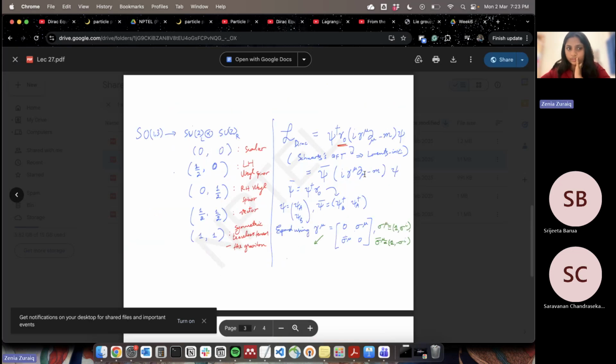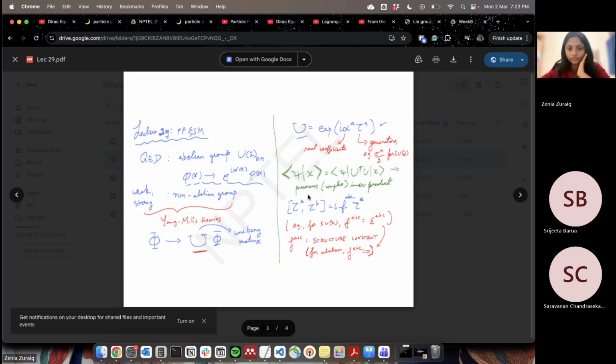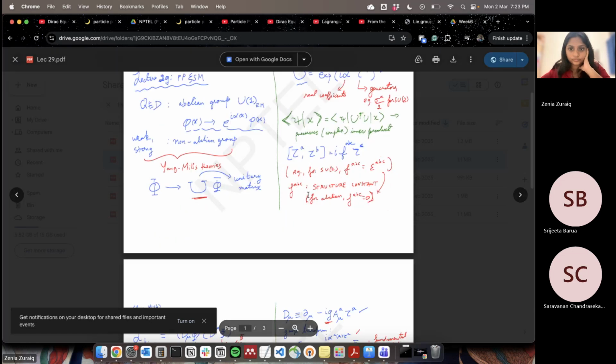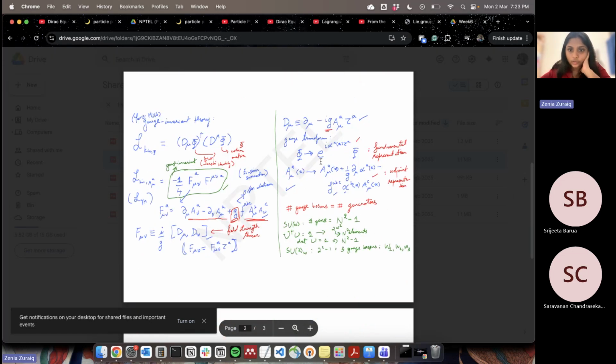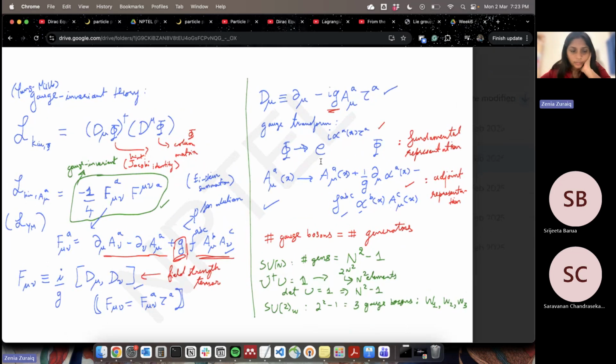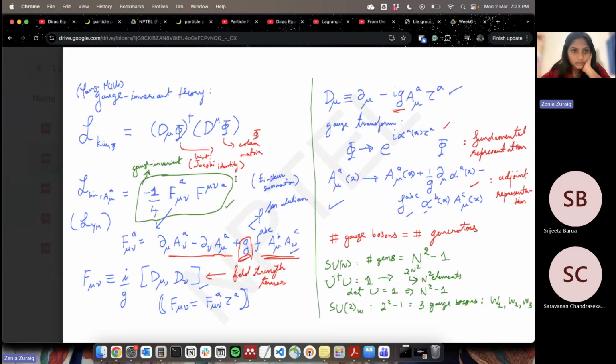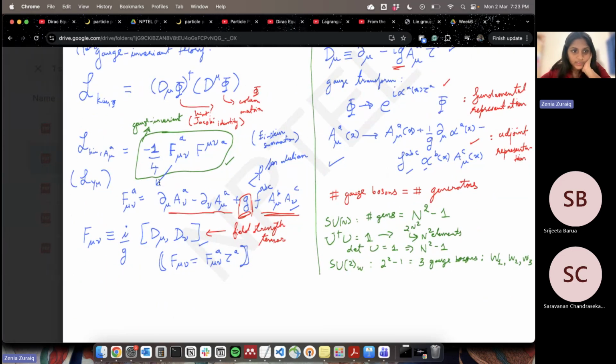This we have already covered. So here, for example, you can see that this is basically about writing the various terms in the Lagrangian. You can write the field strength tensor in terms of the structure constants in this way.